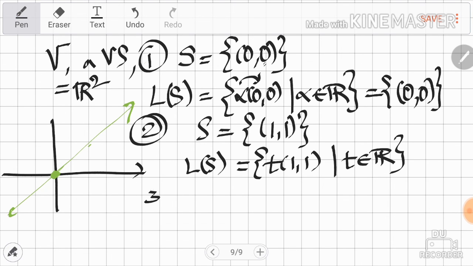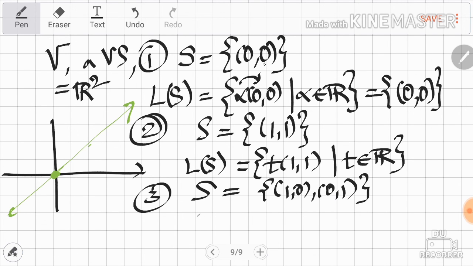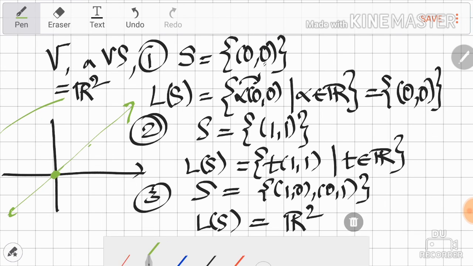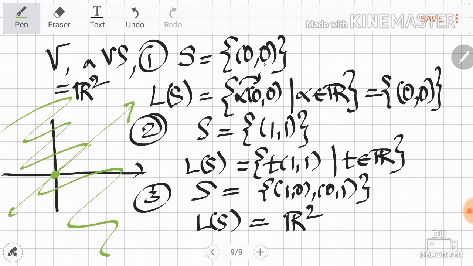What would happen if you take S as 1 comma 0 and 0 comma 1? So if you recall, L of S was found out to be R2, the entire space. So you got the entire space R2. So you see that L of S grows in a linear fashion, whatever your S is.